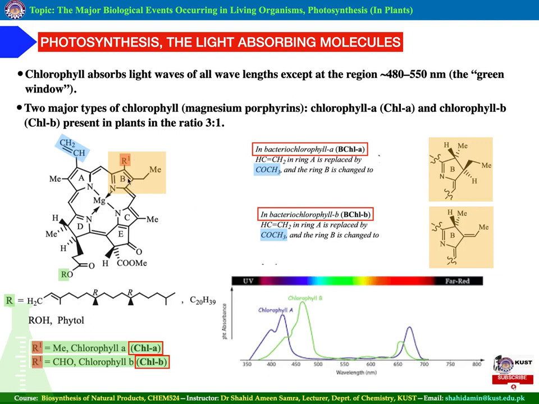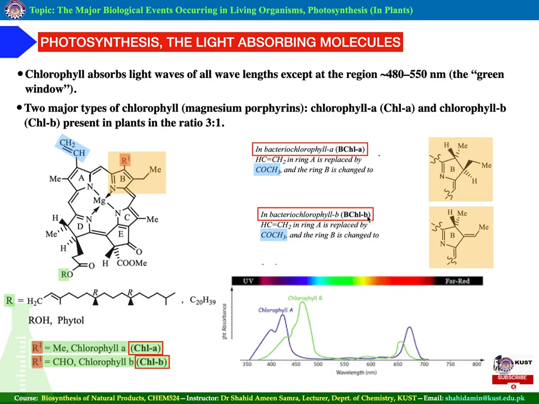In the case of bacterial chlorophyll A, instead of this system it will be like this. That is, this double bond will not be there, but these bonds will be as such. Instead of this double bond, this will be a saturated system now at this position between these two carbon atoms, and here we have this degree of saturation. The two hydrogens are present here.